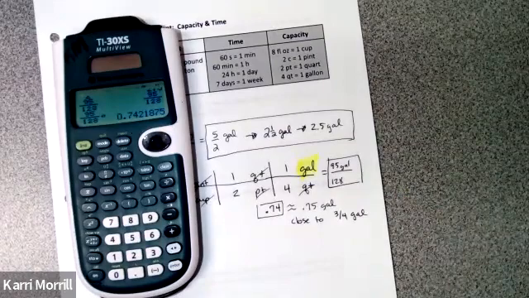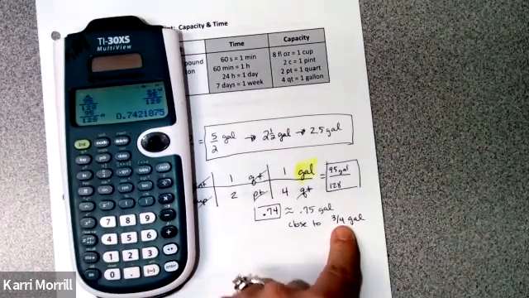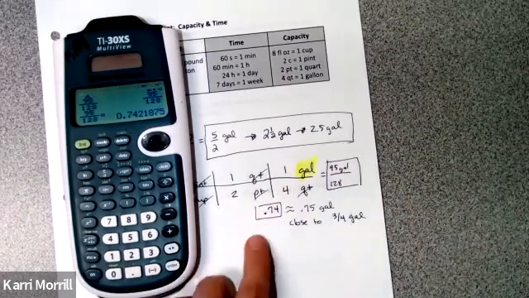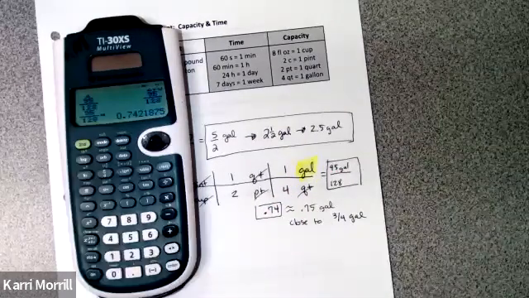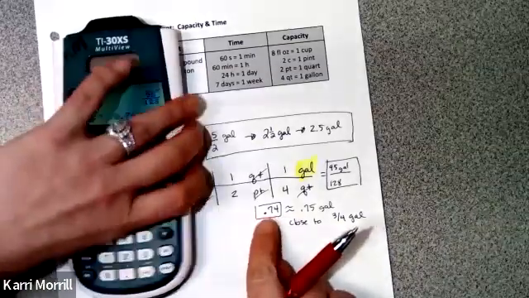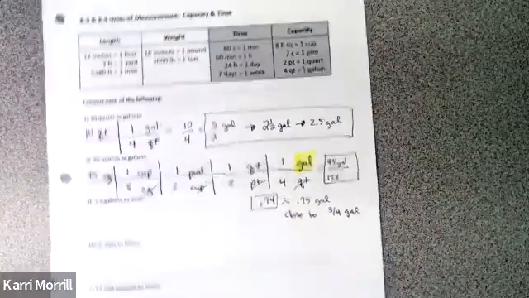It doesn't reduce to a pretty little fraction like this, but we can turn it into a decimal, and 0.74 is really close to like 0.75 if we were to round it up instead of rounding it down like the rounding instructions indicate, which is really close to 3/4 of a gallon, right? So that would be just an approximate, but they probably give you rounding instructions on that one.